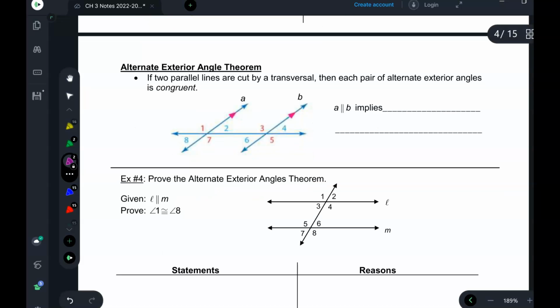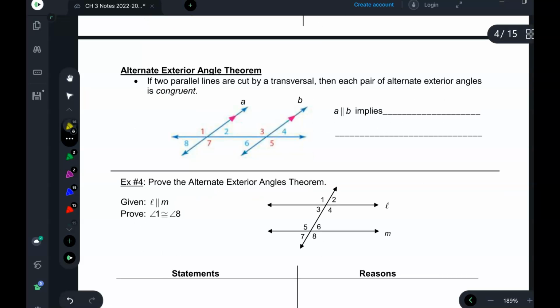Okay, next one, alternate exterior angle theorem. Okay, if two parallel lines are cut by a transversal, right, here's our parallel lines, here's our transversal. Alternate exterior angles, what's going to happen? Each pair are going to be congruent.